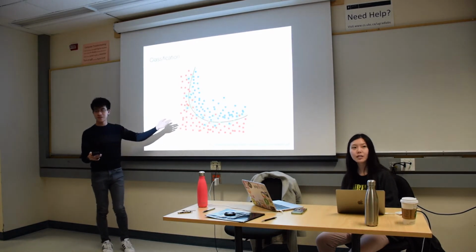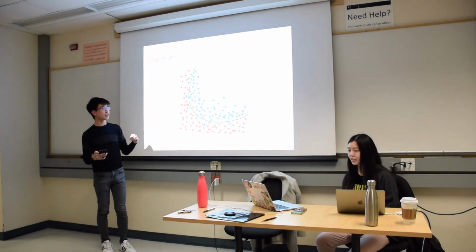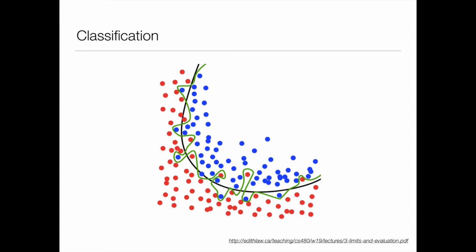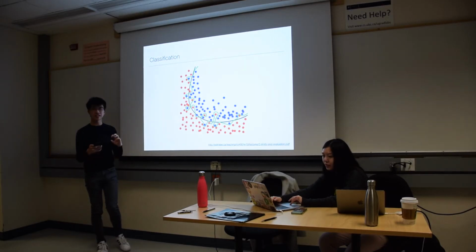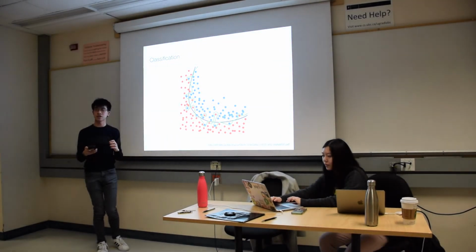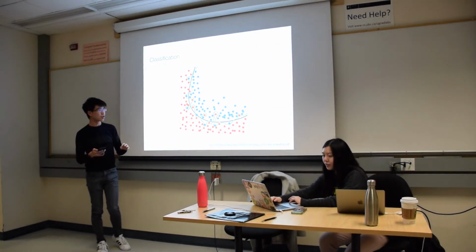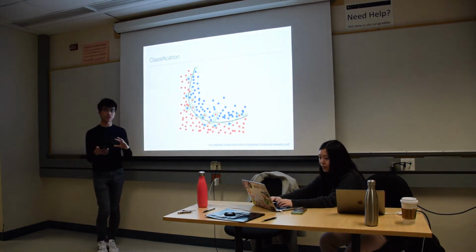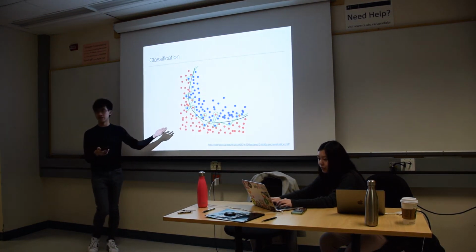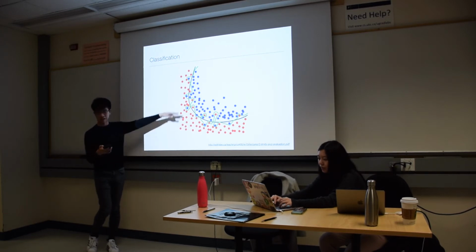Well, this doesn't fit the data perfectly. We could fit a different type of model, this green crazy model, that will fit the data exactly. But this is, again, getting into the problem of what's called overfitting, which I'll go over in the future. And essentially, the whole point of machine learning is we want to avoid getting into these overfitting situations, right? We want a model that's robust to new data without looking like this.